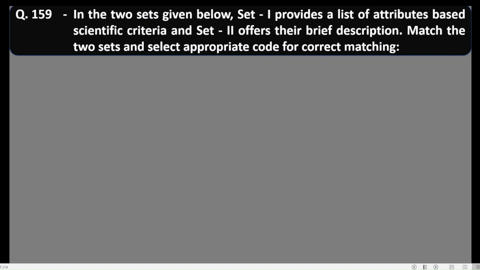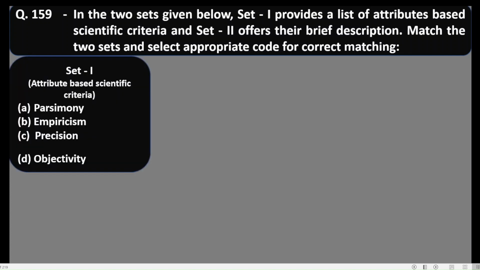Question number 159. In the two sets given below, set 1 provides a list of attribute based scientific criteria, and set 2 offers their brief description. Match the two sets and select appropriate code for correct matching. Set 1, attribute based scientific criteria: number 1 parsimony, number 2 empiricism, number 3 precision, number 4 objectivity.